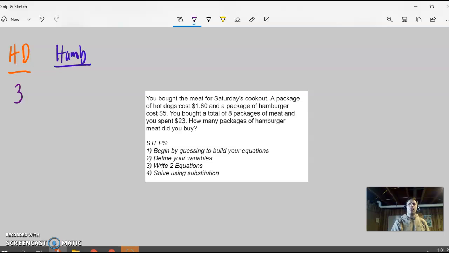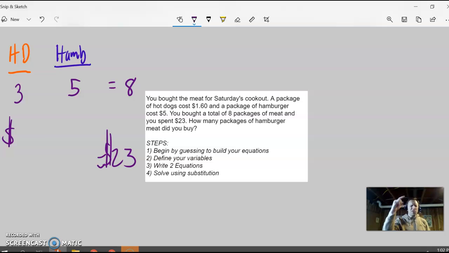Well, if we have 8 packages total, 3 plus 5 would give us that 8, right? 3 hot dogs, 5 hamburgers. So now we need to find out how much that would cost us, and does that match up to $23? I hope you're thinking through how this is getting set up. We said it's $1.60 for each of those 3 hot dogs, plus $5 for each of the hamburgers that we bought.